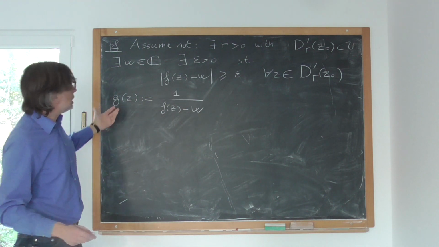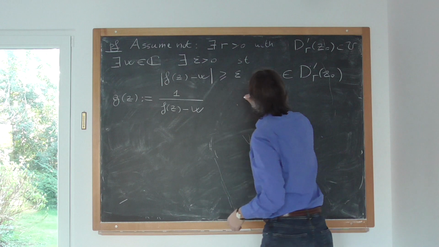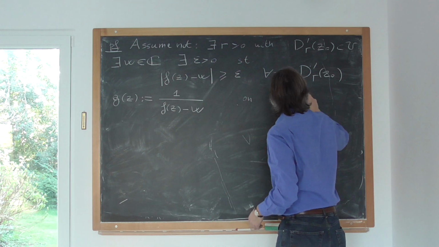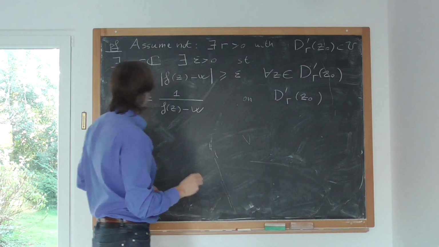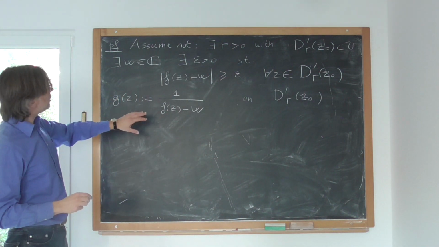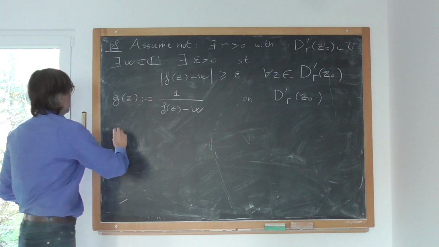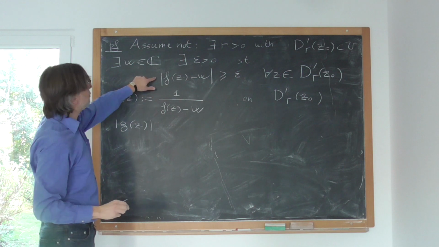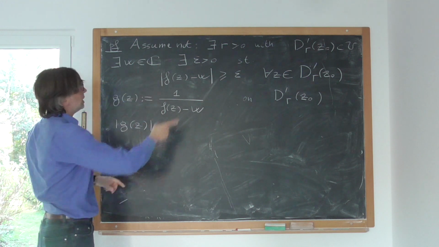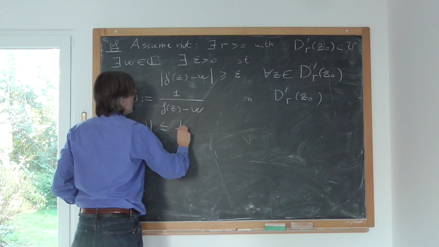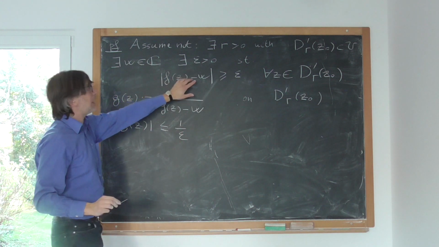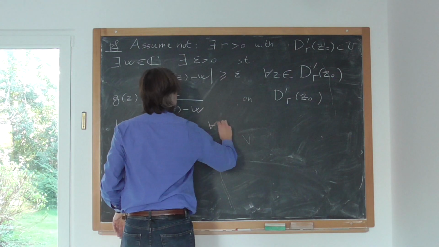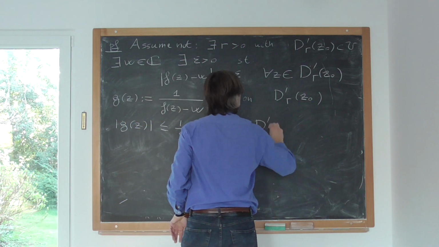So this function g is well defined on D prime R of z naught. And moreover, the absolute value of g, this is the inverse of this absolute value, so it's less or equal than 1 over epsilon, since this absolute value was greater or equal than epsilon for every z in this punctured disk.